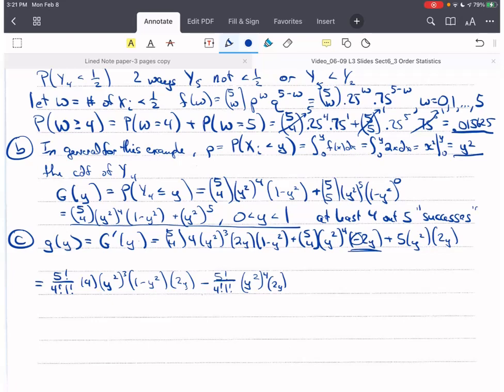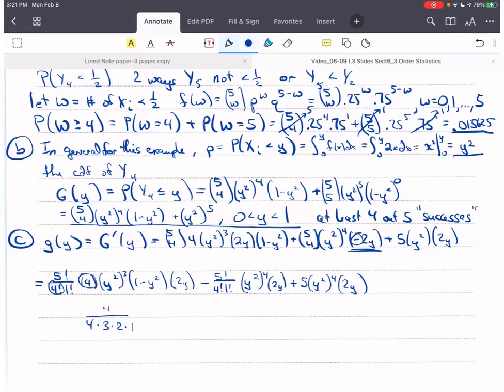And then I've got 5 plus 5, and I've got y squared to the fourth times 2y. So now I've got this 4, and I've got a 4 factorial here. Remember, 4 factorial is 4 times 3 times 2 times 1.